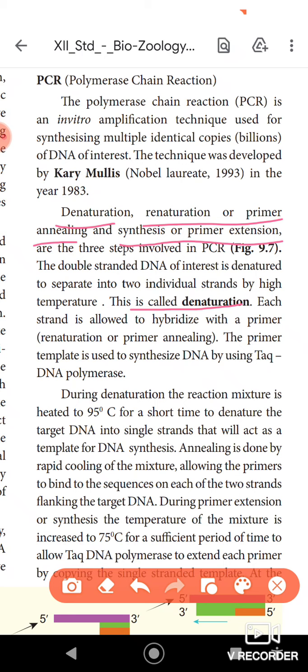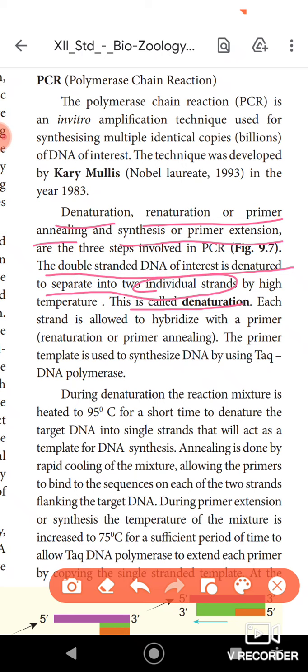The double stranded DNA of interest is denatured, separated into two individual strands. அப்படின்னா என்ன அர்த்தம்? Double stranded DNA is converted into two single stranded DNA. ஸோ திஸ் இஸ் த ஃபஸ்ட் ஸ்டெப் which is involved in the PCR technique, denaturation.